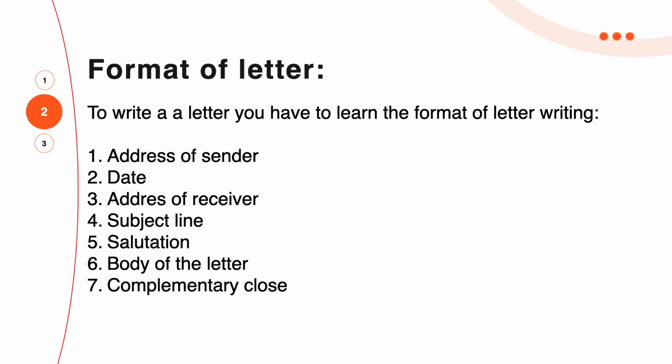If you know or have a relation with the receiver, you could write a complimentary closure like your obedient or yours dear. So now let's move on to the eighth point, signature. You give a signature at the last of your letter to have a closure for everything you have written.